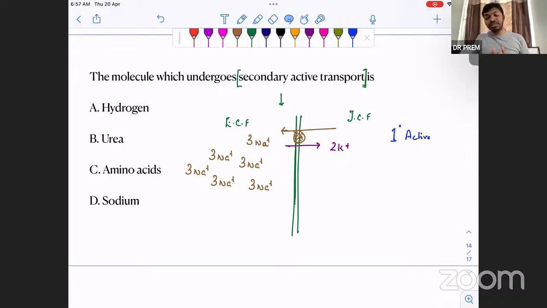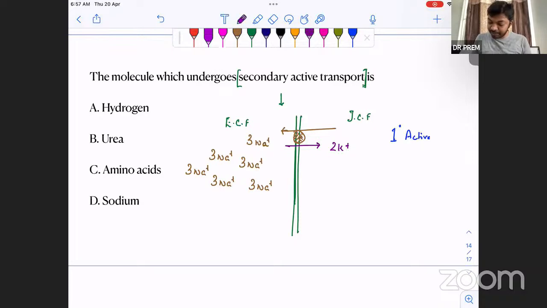Now, what is the gradient for sodium? Since there is too much sodium in the extracellular fluid and too little in the intracellular fluid, there is a natural gradient for sodium to get into the cell. Please remember, sodium tries to get into the cell because of the concentration gradient.